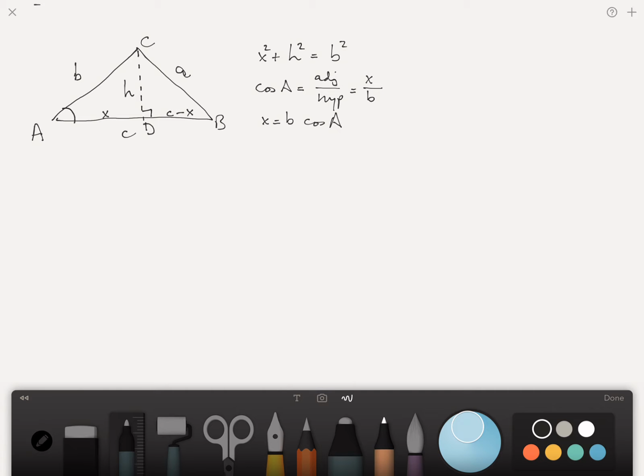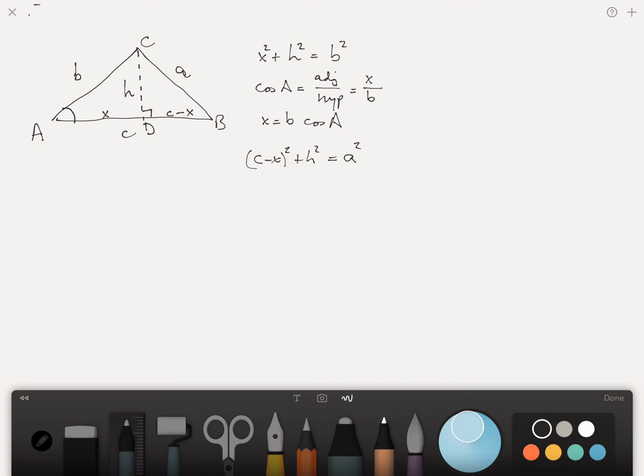Now, from the other triangle, the one B, D, C on the right, we've also got that the Pythagorean theorem holds. There the legs are c minus x, so (c minus x) squared, and h squared. So (c minus x) squared plus h squared is the hypotenuse of that little right triangle on the right, so that would be a squared.